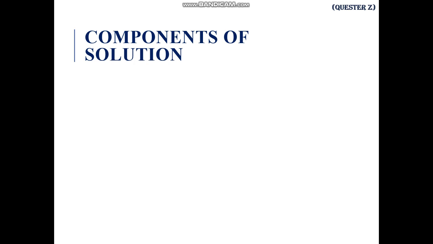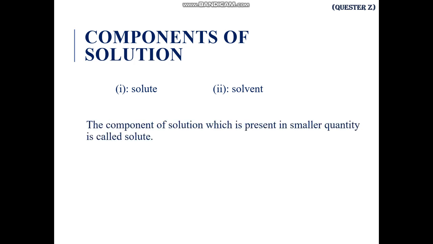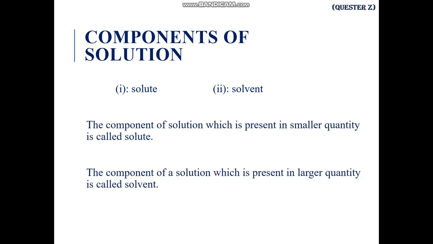What are the components of solution, that is, what we are dissolving in that particular substance? There are basically two components of solution, solute and solvent. What are solutes and what are solvents? The component of a solution which is present in smaller quantity is called solute, while the component which is present in larger quantity is called solvent.